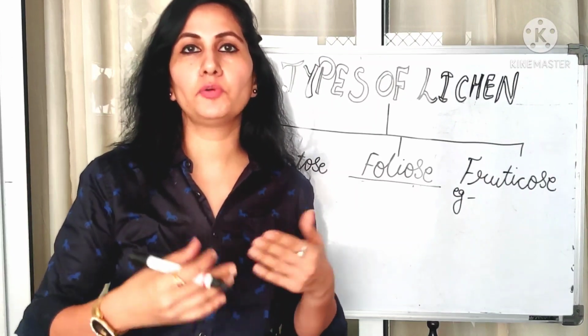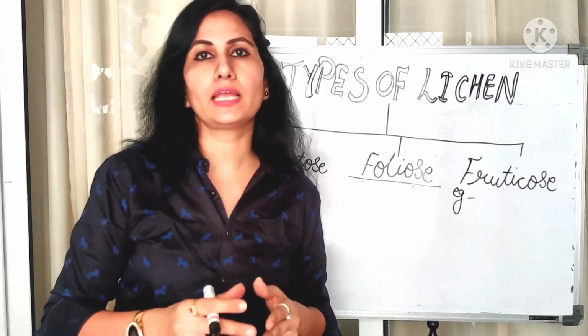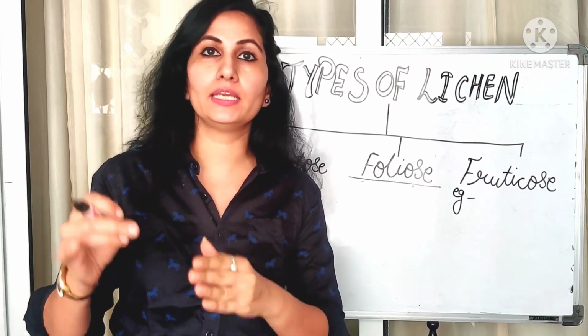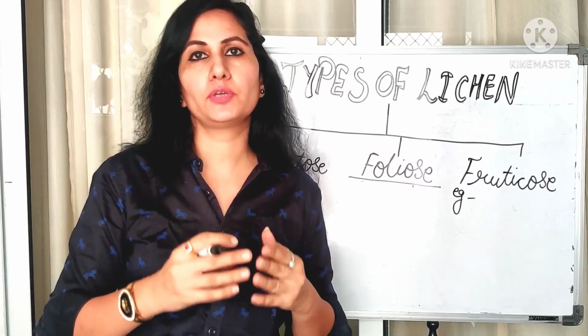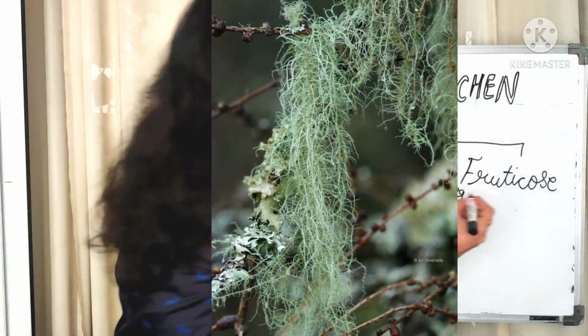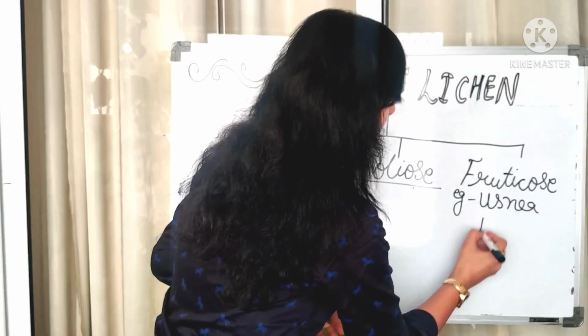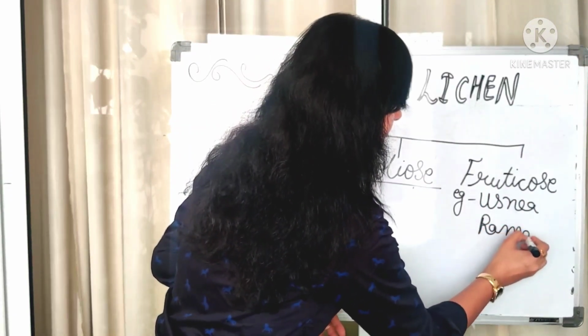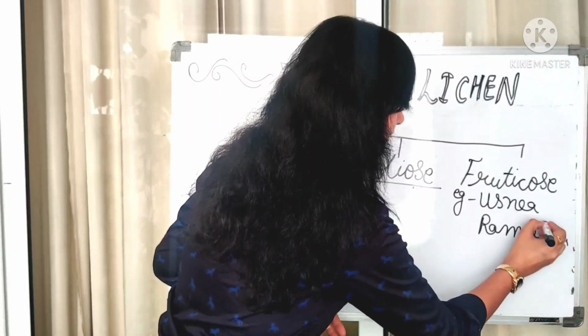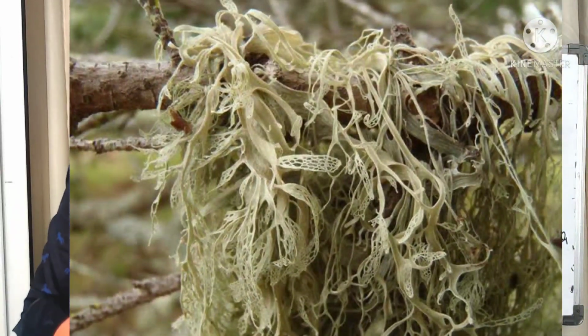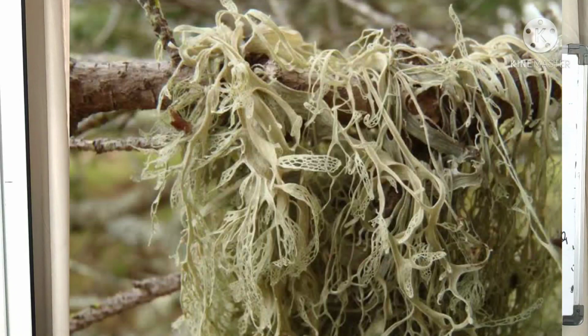Next lichen are fruticose lichen. Fruticose lichen form fruiting bodies in them. Examples of fruticose lichen are Usnea, Ramalina, etc. They may look like ribbon.